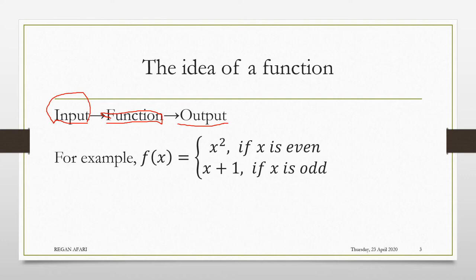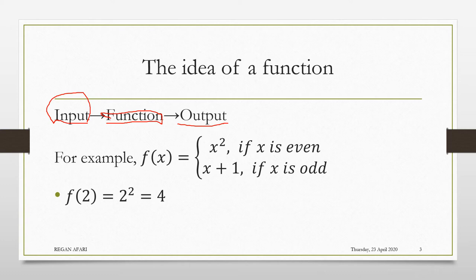If we have an input of, say, 2, then you ask yourself, is 2 even or odd? So 2 is even. Since 2 is even, we will use this part of the function. It says to square the input. So our input, which is 2, when we square it, gives an output of 4.